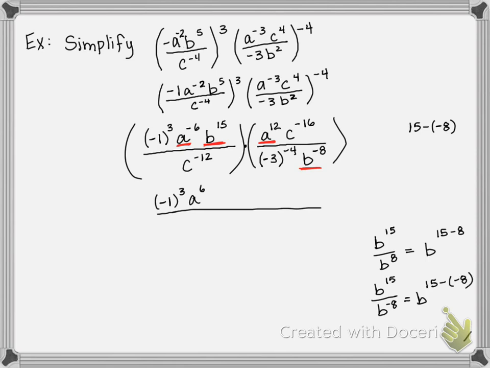When you divide exponential expressions, you subtract the exponents. Right? The exponent's negative 8, and we're going to subtract it. So that's b to the 23rd.